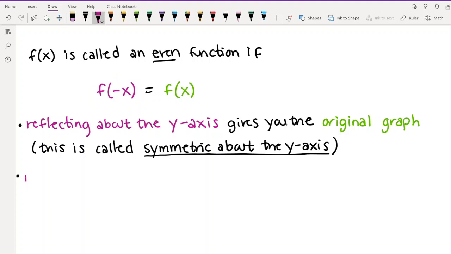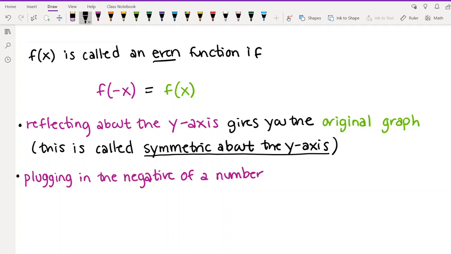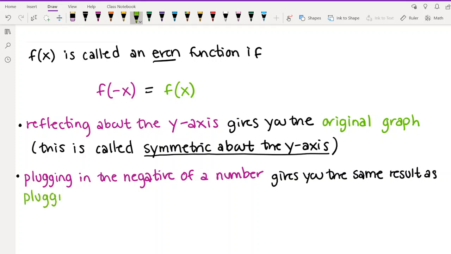So plugging in the negative of a number gives you the same result as plugging in the original number.